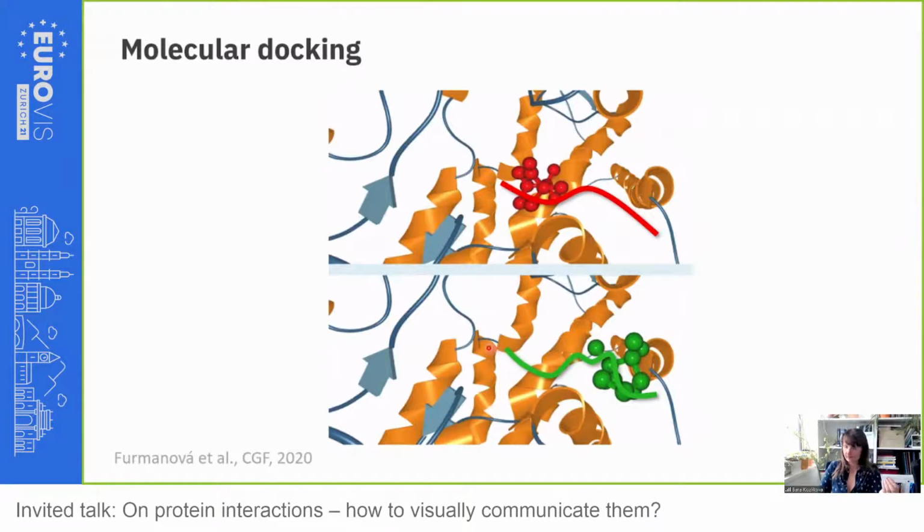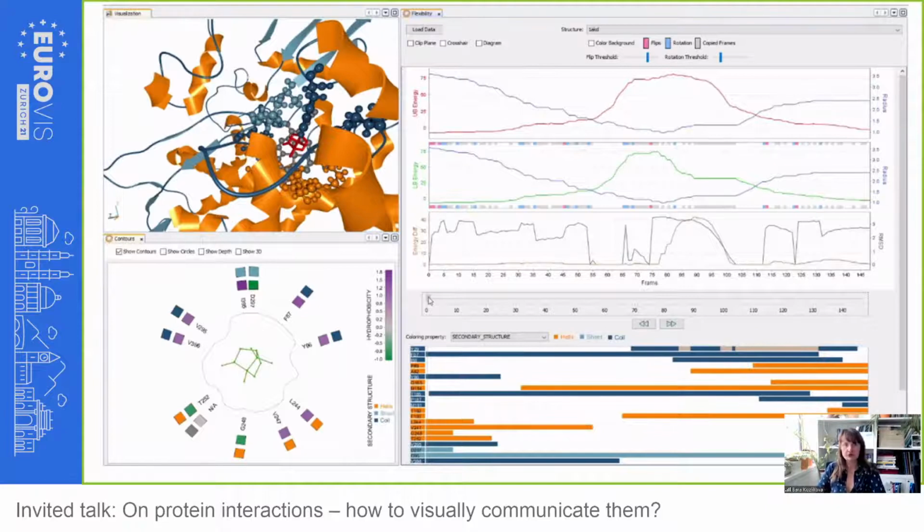And for this purpose, we created another tool, which consists of a set of linked views. The main part, of course, as usually, or a very crucial part, is the 3D view showing these individual ligands interacting with amino acids around.